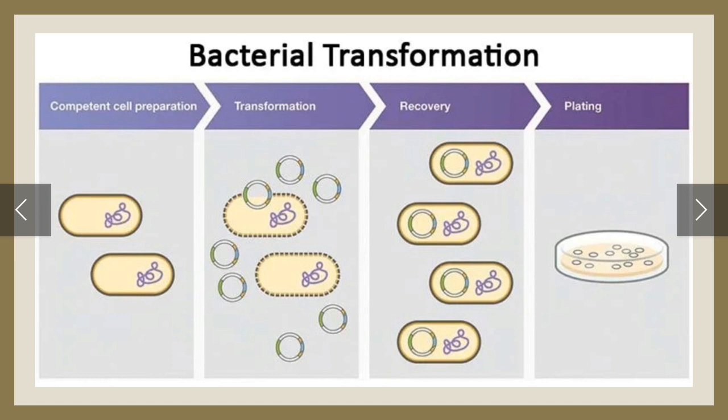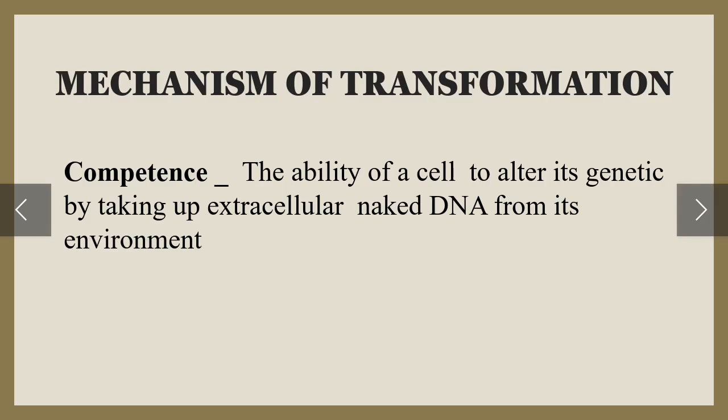You can see here in the diagram: bacterial transformation, competent cell preparation, transformation of bacteria, recovery of bacterial DNA or genetic material, and plating. Mechanism of transformation: the first step is competence, the ability of a cell to alter its genetics by taking up extracellular naked DNA from its environment.